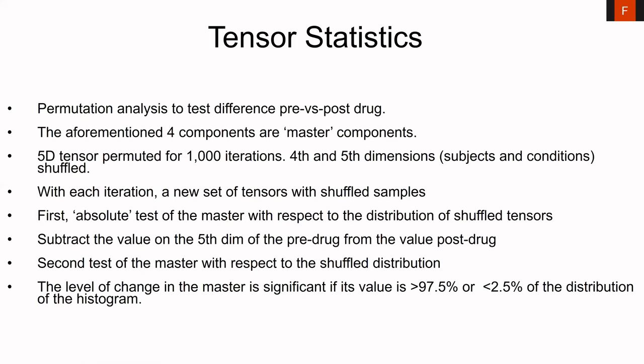We chose as a level of chance that the master is significant if its value is larger than the 97.5% or smaller than the 2.5% of the distribution in the histogram.